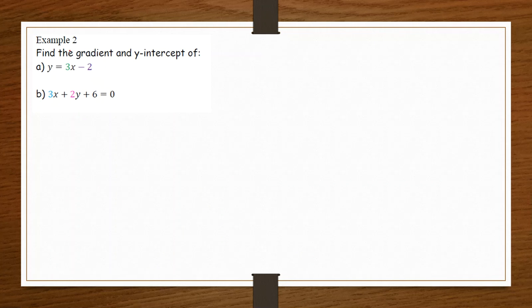And in example 2, we're going to work the other way, we're going to work backwards, find the gradient and y-intercept of these two equations. So hopefully remember that the coefficient of x, in this case 3, tells us the gradient, and the constant term tells us the y-intercept.